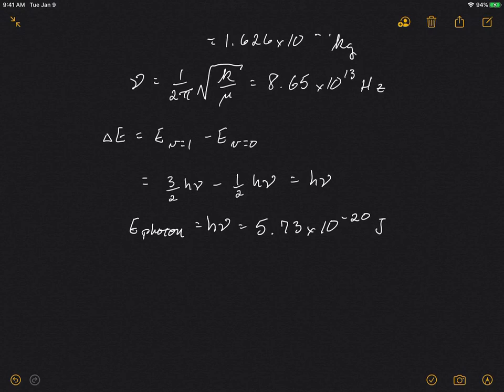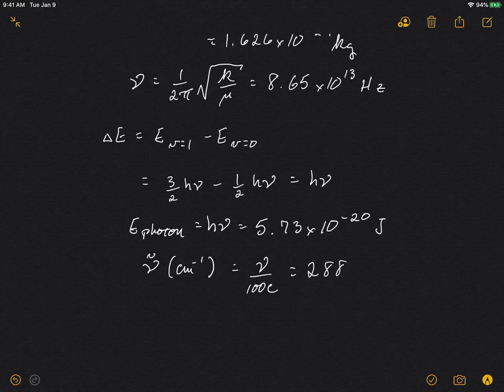The frequency in wave numbers, take nu divided by 100c, we get 2880 wave numbers.